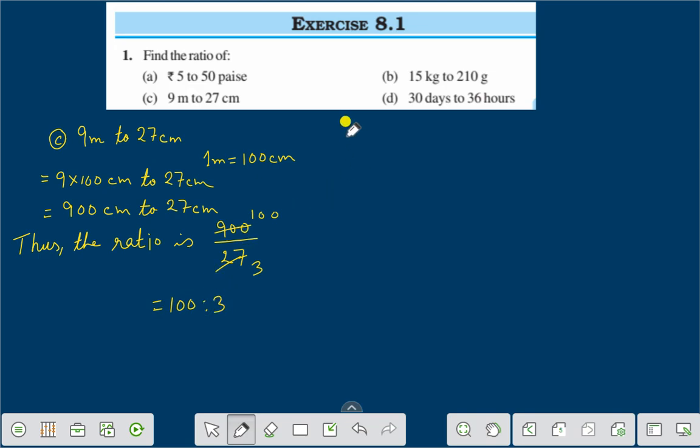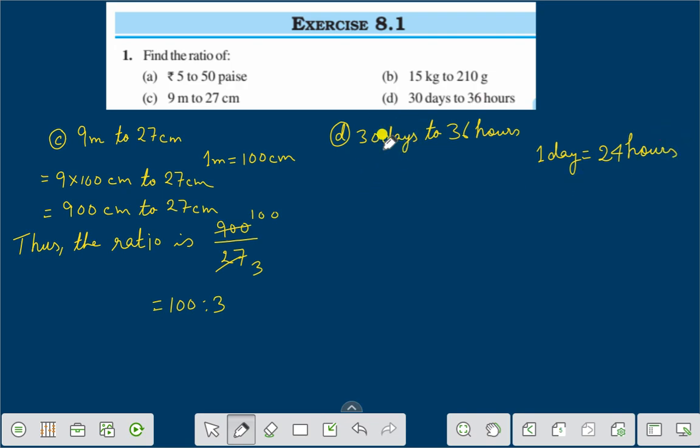Now question number D. Question number D is 30 days to 36 hours. We know that one day is equal to 24 hours, right?